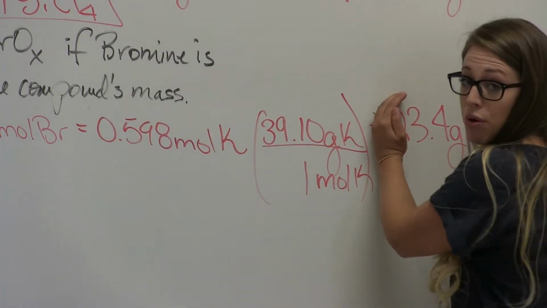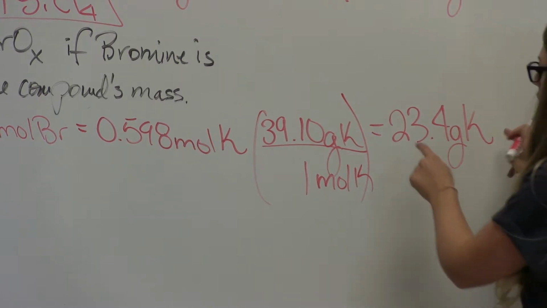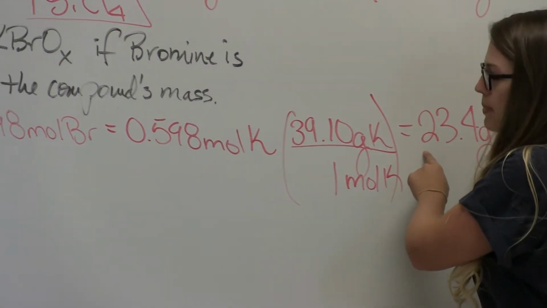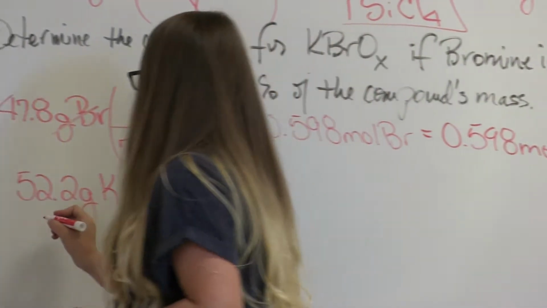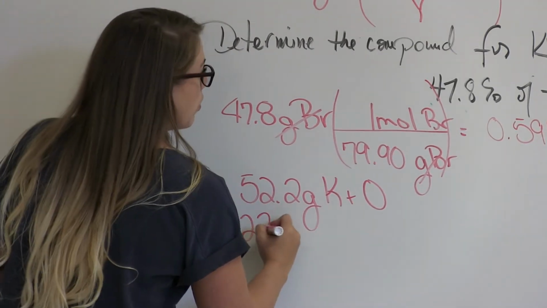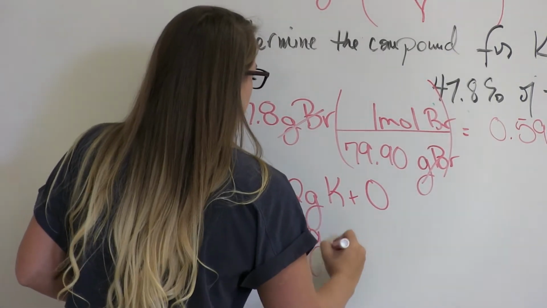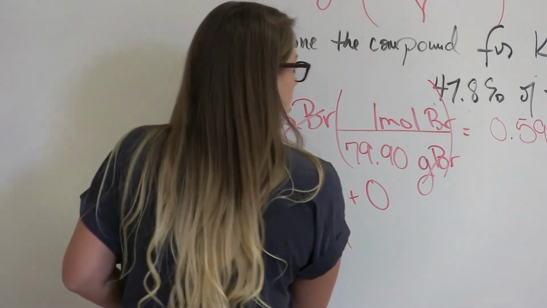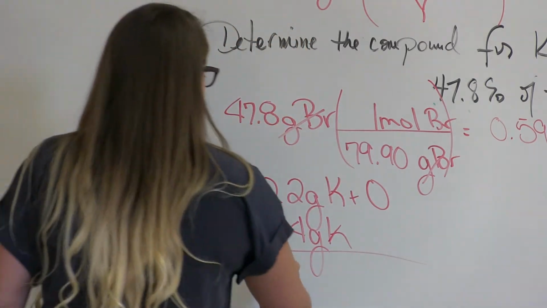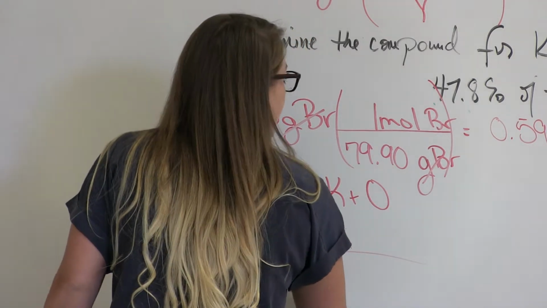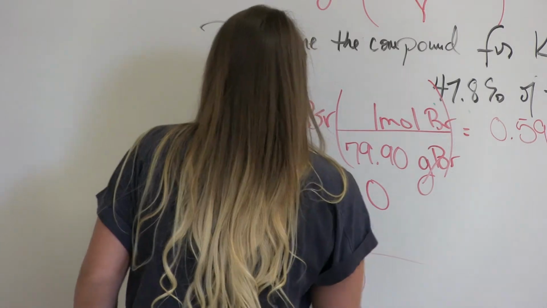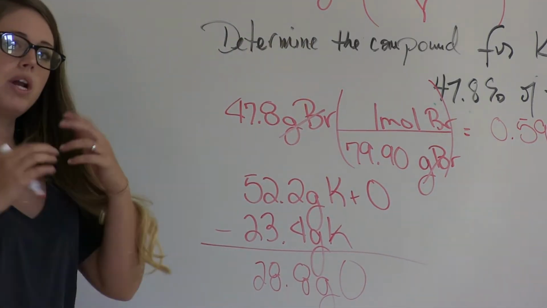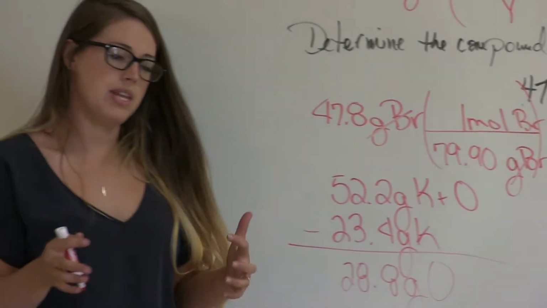To figure out how much oxygen we have, let's take the 23.4 grams of potassium and subtract it. So if we go down here and subtract 23.4 grams of potassium, we get 28.8 grams of oxygen.